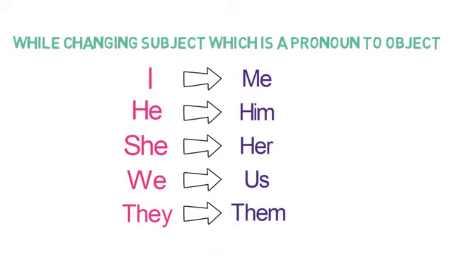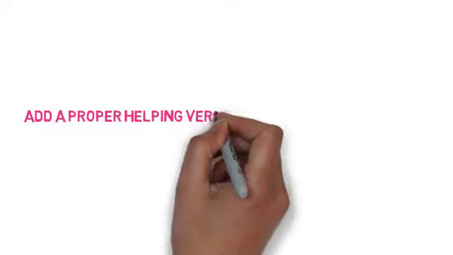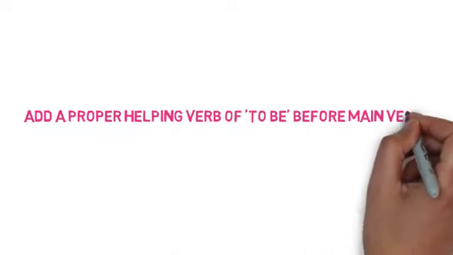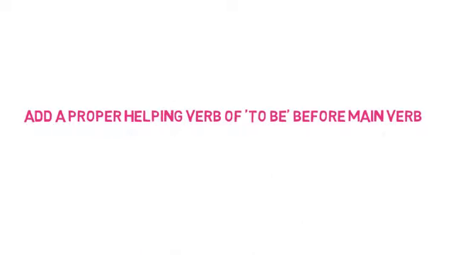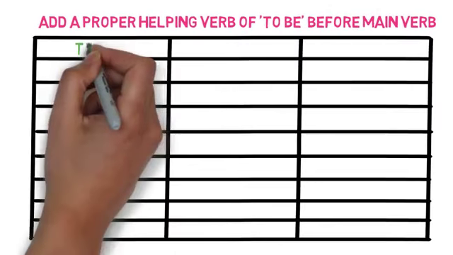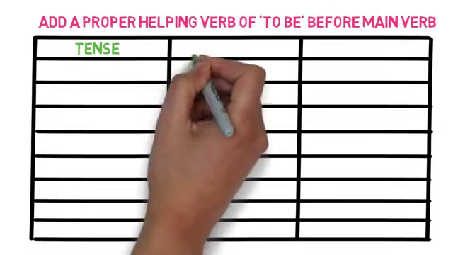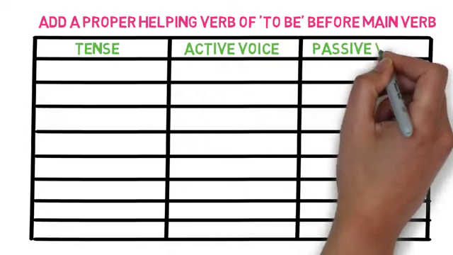Please remember this properly. Secondly, we need to add the proper helping verb of to be before the main verb. This helping verb is decided based on tenses. With an example of main verb write, let's look into the different helping verbs as per the tenses one by one which we need to learn.